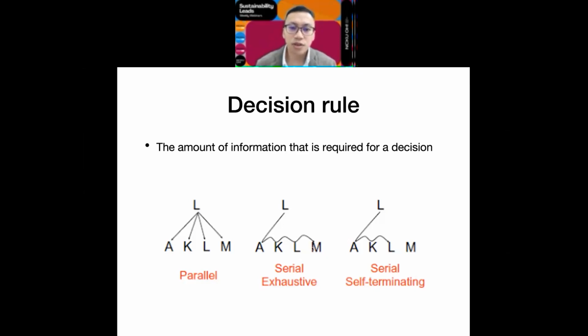But for the self-terminating stopping rule, you just need partial information to make a decision. In the serial self-terminating case, you can terminate the information processing only when the information is sufficient for decision making. So you can terminate here and make a decision.